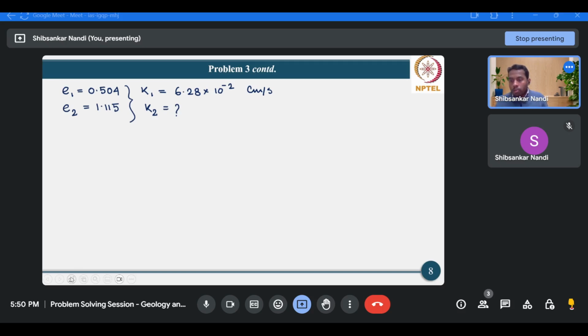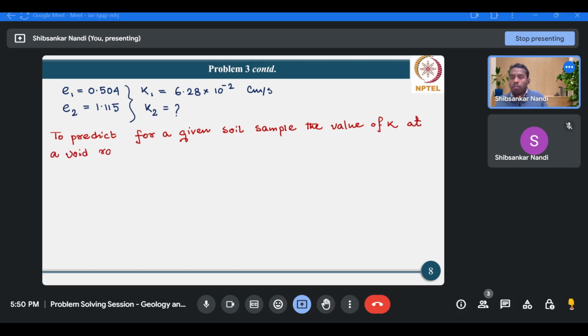Okay. So first I'll write the statement: to predict, for a given soil sample, the value of K at a void ratio other than the one at which it is determined.